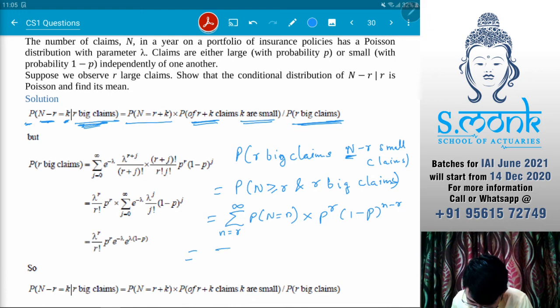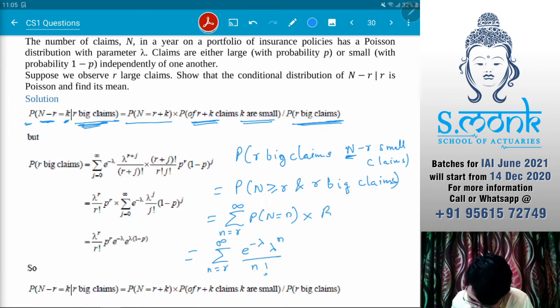So that gives us nothing but summation n equals r to infinity, probability of Poisson distribution, that would be e raised to minus lambda, lambda raised to n upon n factorial. Okay, now see, this is going to be nothing but a binomial distribution.